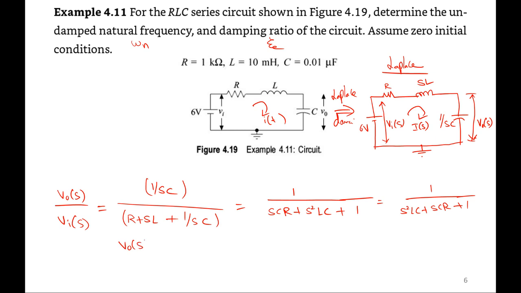Vo(s) by Vi(s) is equal to 1 by... observe here, I will take LC outside. LC goes to the numerator, so it becomes 1 by LC.